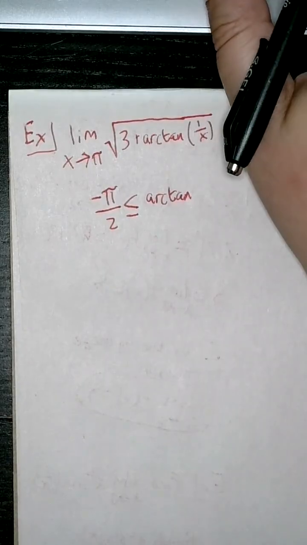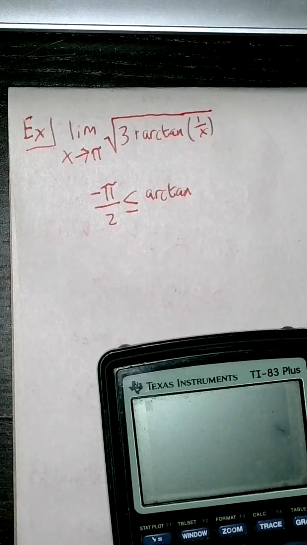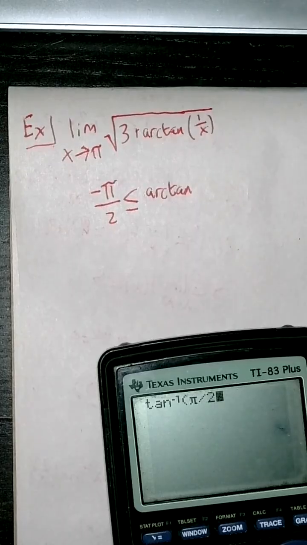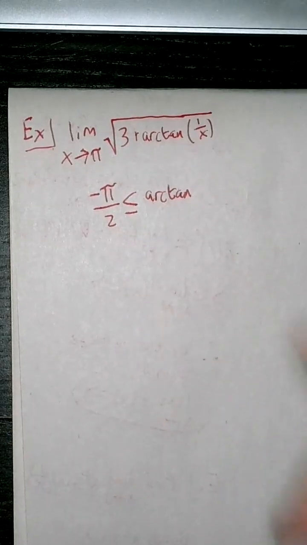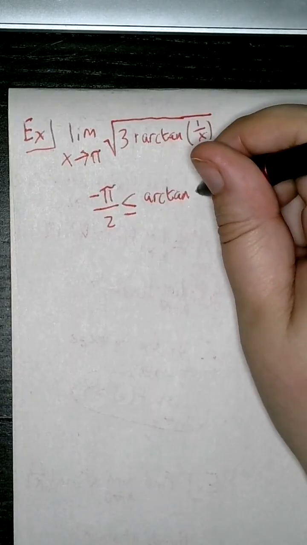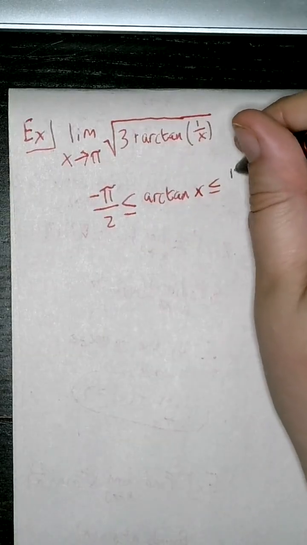Here's arctan of pi over 2. Arctan of pi over 2, I believe, is undefined. No, it's not. I'm wrong. It is less than or equal to pi over 2.